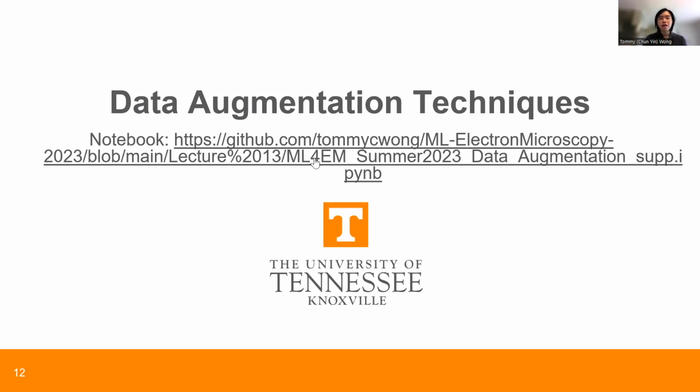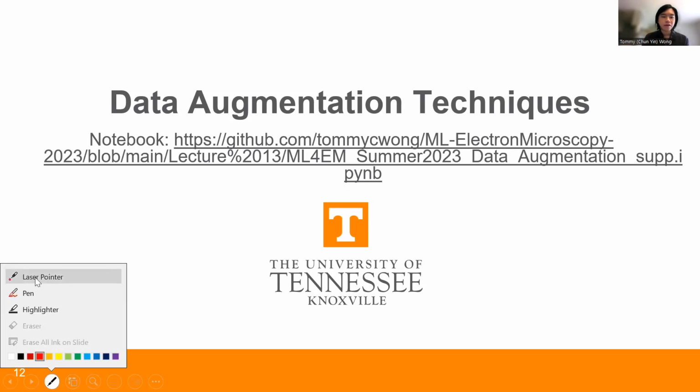I'll go over some of these techniques, and there's a supplementary notebook in the lecture file that gives you a bunch of examples that you could play with. I won't go over that in detail, but I'll just quickly show it.